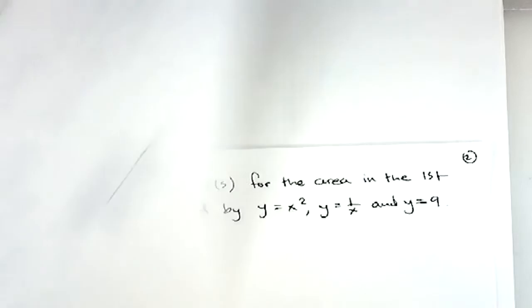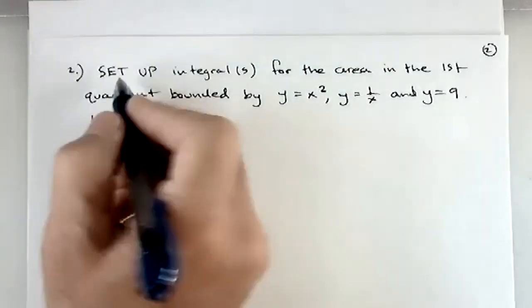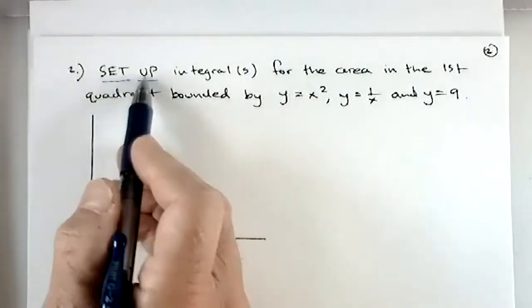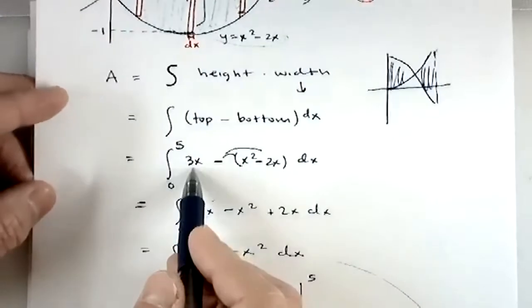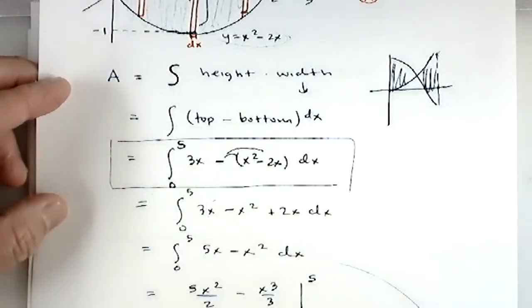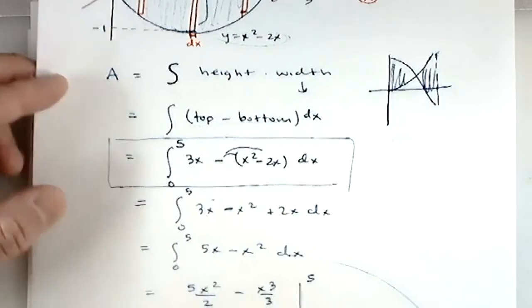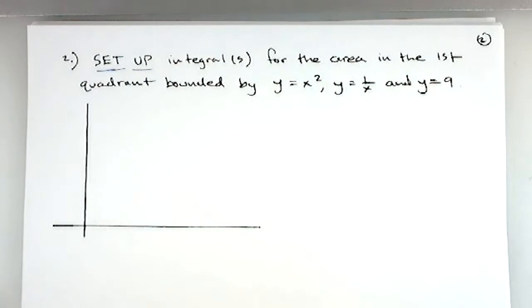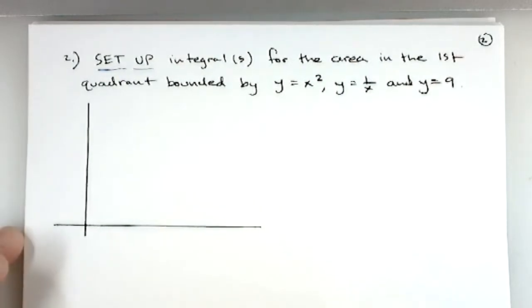So a lot of times on tests and quizzes, just to make it a little bit quicker, so you don't have to do all the busy work, they might just have you set up the integral. So for example, if this one had just said set up the integral, I would have just stopped right here. I wouldn't have done any more work if it just said set it up for the area. That allows a teacher to assess you, understand what's going on, without keeping you busy for 10 minutes just adding and subtracting fractions and stuff, right?